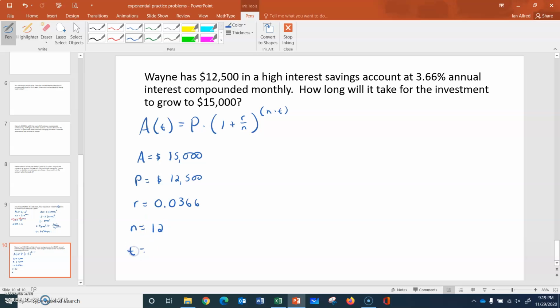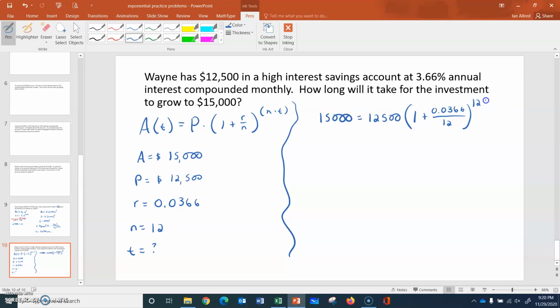And the t is the thing we do not know. So let's plug everything in and see what happens. So 15,000 equals 12,500 times 1 plus 0.0366 over 12 raised to the 12t.